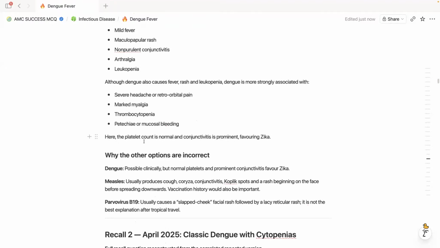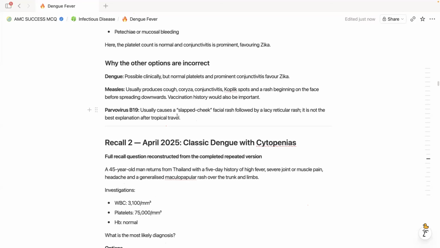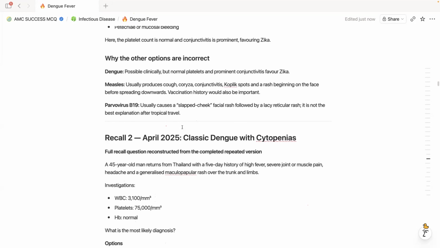So that's why, as the platelet is normal and conjunctivitis prominent, it is Zika. Why not measles? Measles has cough, coryza, conjunctivitis, Koplik spots. Why not parvo? Parvo causes slapped cheek facial rash, followed by a lacy reticular rash. It is not the best explanation for tropical travel.